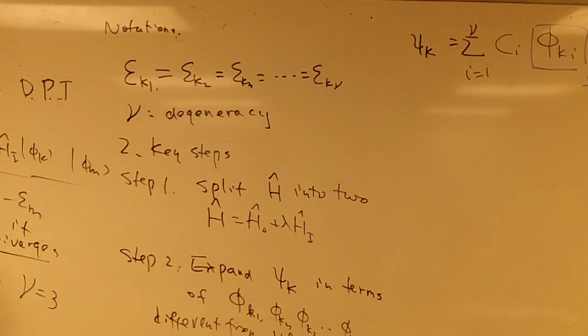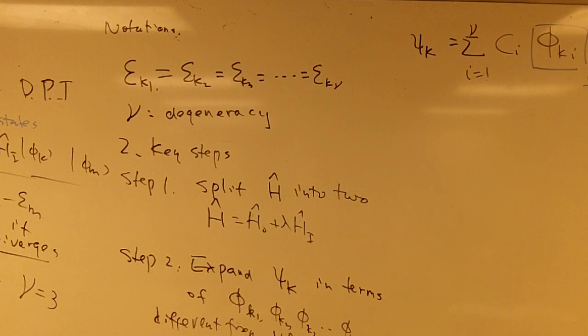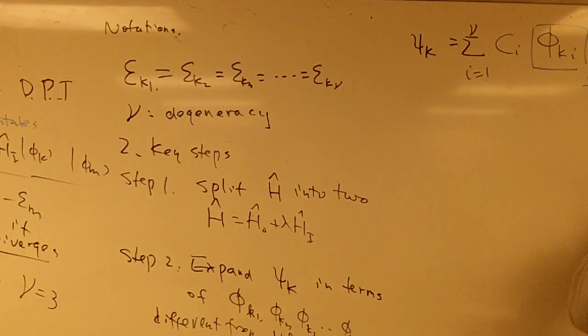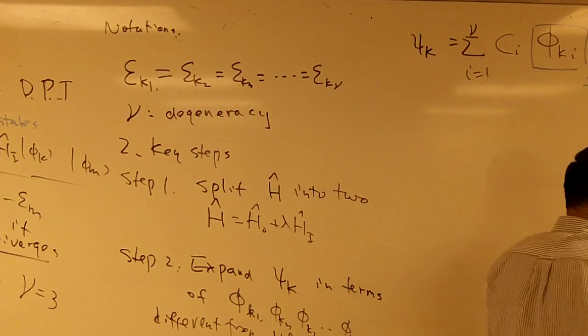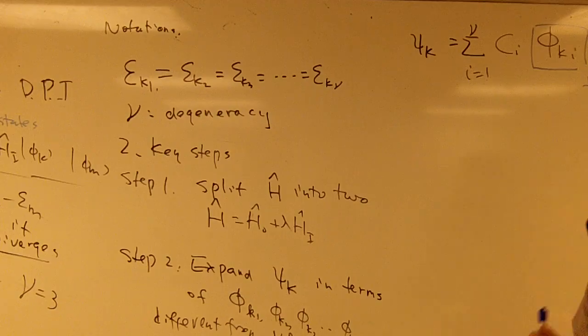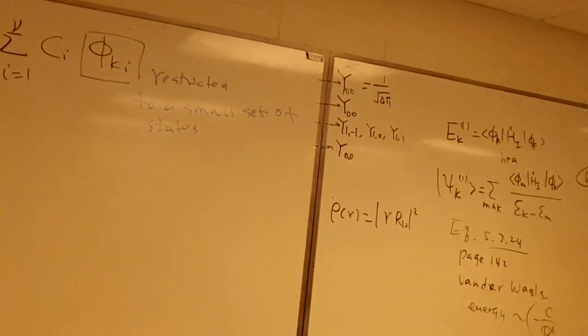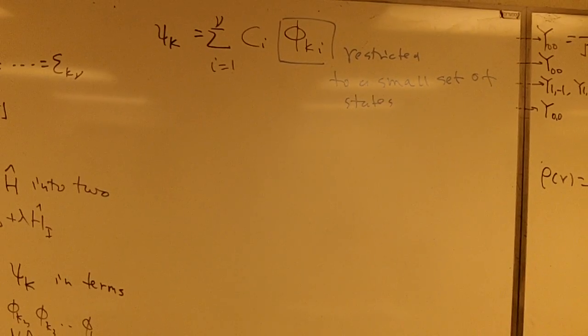Here it is all the states, but there we restrict to a small set of the states. So only a small set of states will be in our view. We do not expand in all of them, just a small set of states will be included.